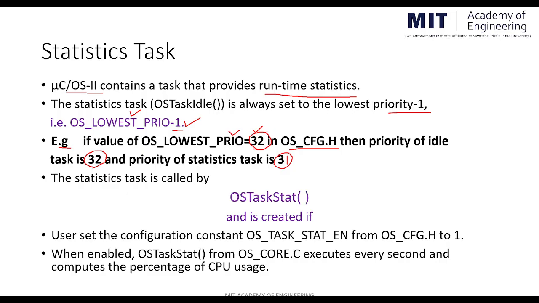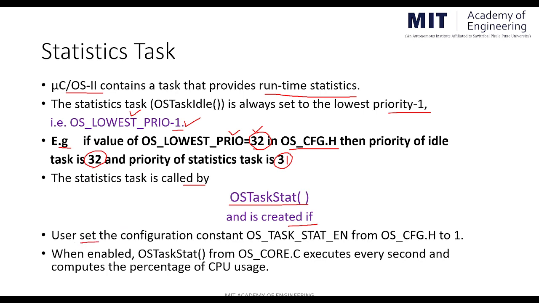This we have already seen in our previous video. The statistic task is called by OSTaskStat, which is the name of the function. The idle task is already created, we need not create it and we cannot delete it, but the statistic task is optional.